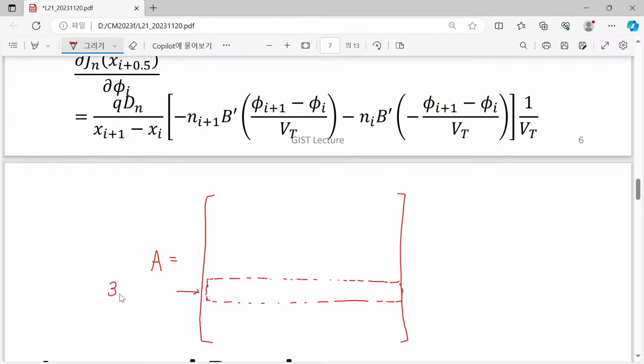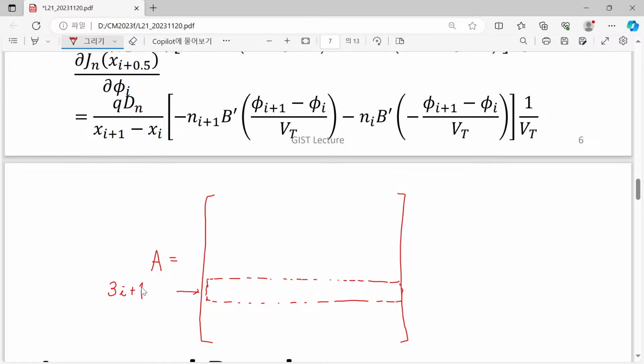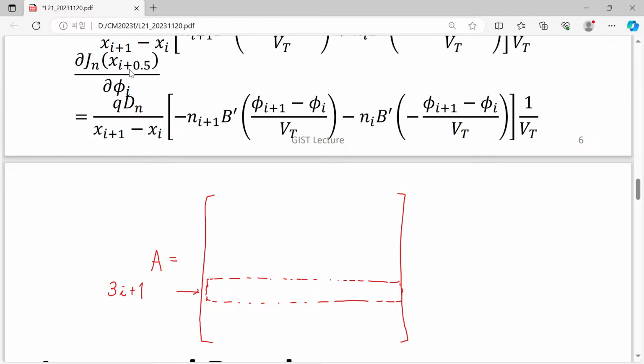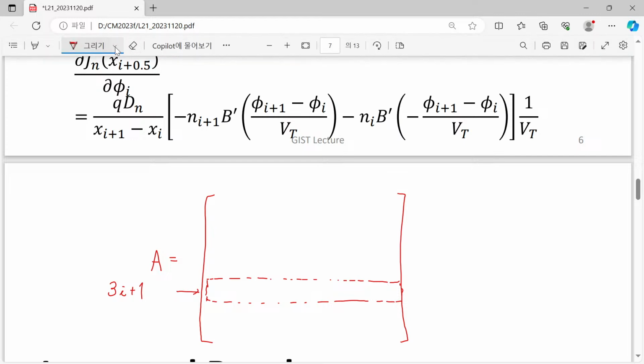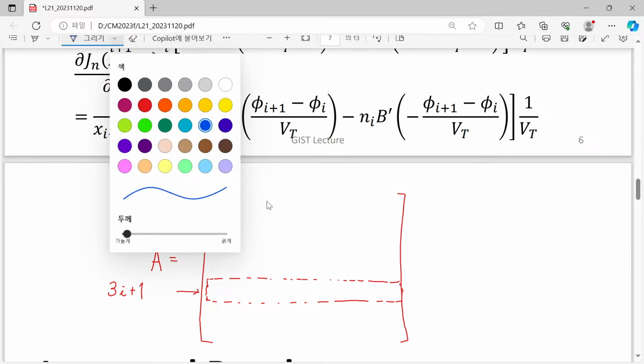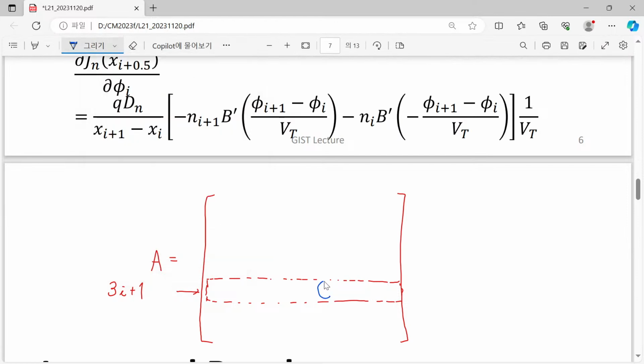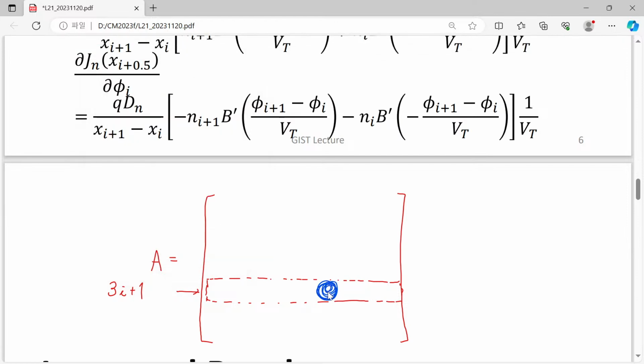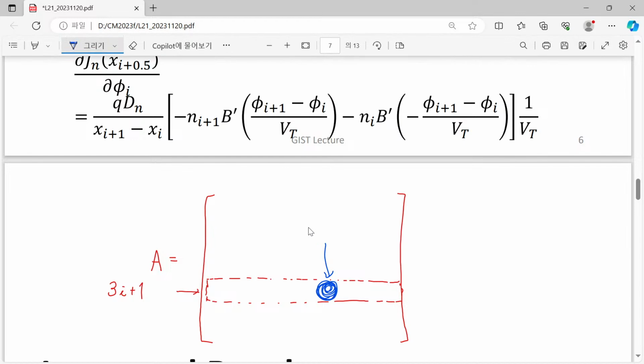That will be 3i plus 1. This is a part of our Jacobian matrix. And let's assume that this is the diagonal component, corresponding to 3i plus 1, comma 3i plus 1.